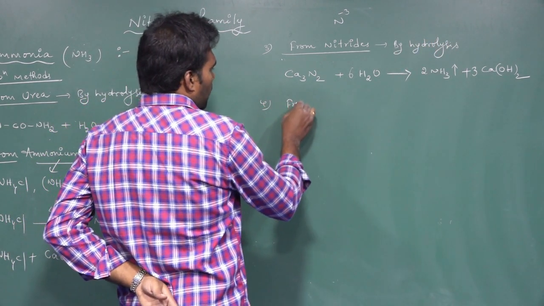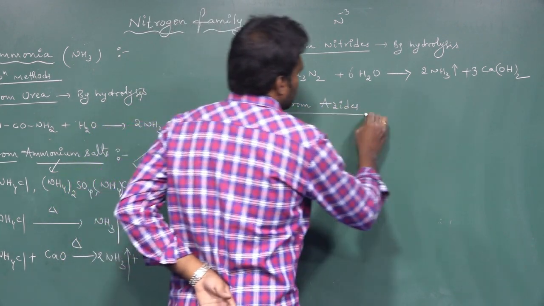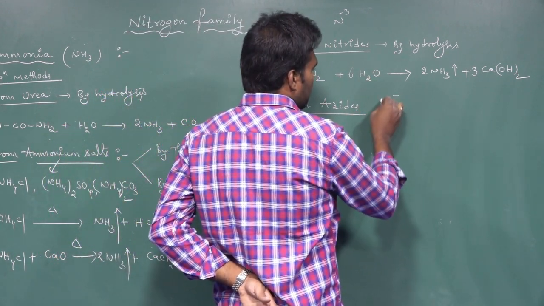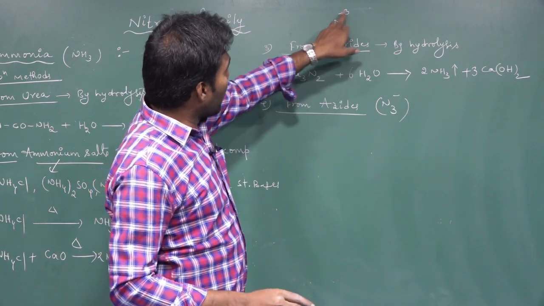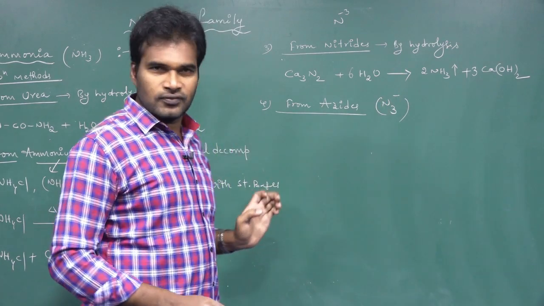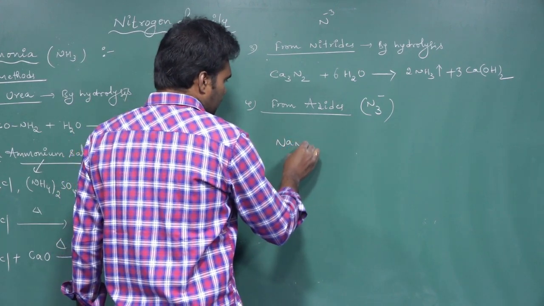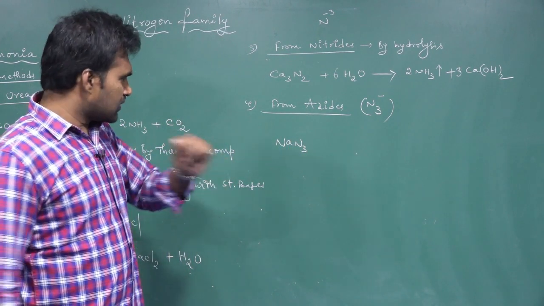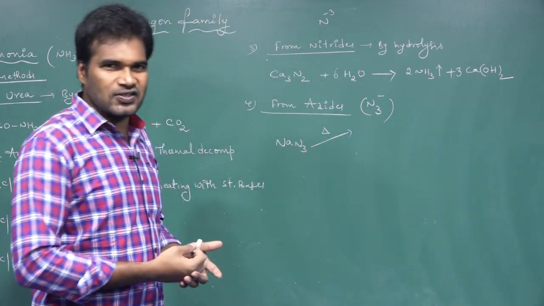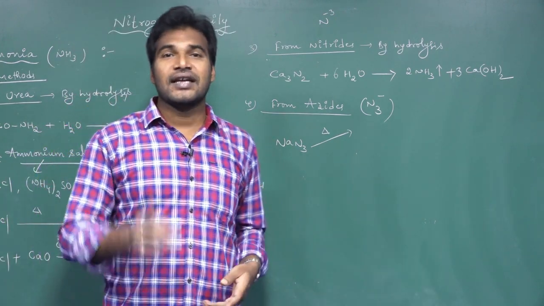And the fourth one, from azides. So what is azide? Azide general formula N3 minus. See, N minus 3 is nitride, N3 minus is azide. For example, I am taking sodium azide, NaN3. When sodium azide is heated, as we discussed in the preparation method of nitrogen, we get nitrogen gas.